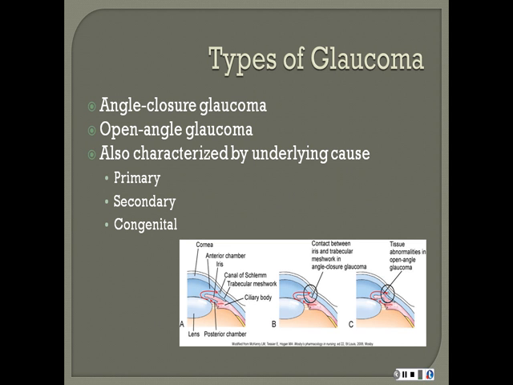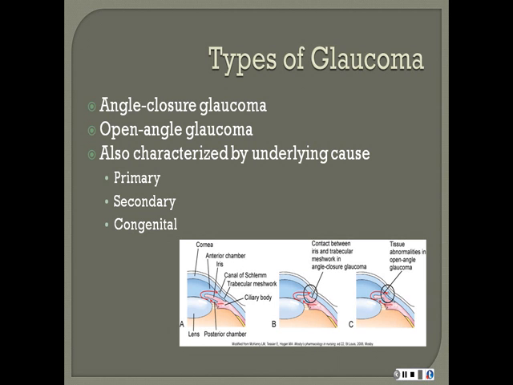The two major types of glaucoma are open-angle glaucoma, which develops slowly and is genetically determined. It does not involve a narrowing of the angle between the iris and the cornea, so the anterior angle remains open, but the canal of Schlemm is obstructed by tissue abnormalities causing problems with drainage.